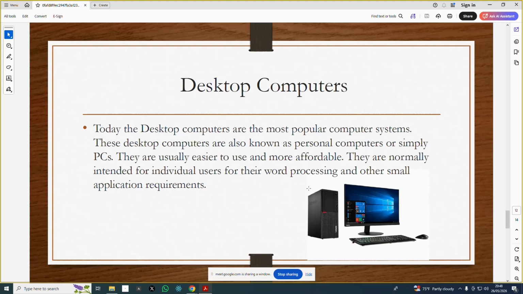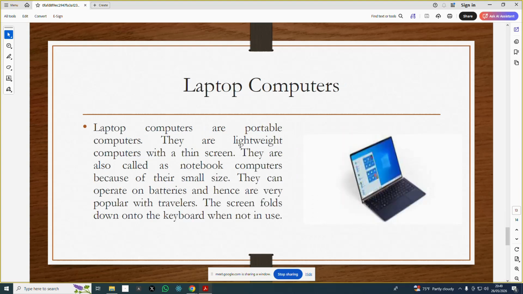That's why sometimes they are also called personal computers. When we talk about personal computer, basically we mean desktops, although even laptops can also be called personal computers.